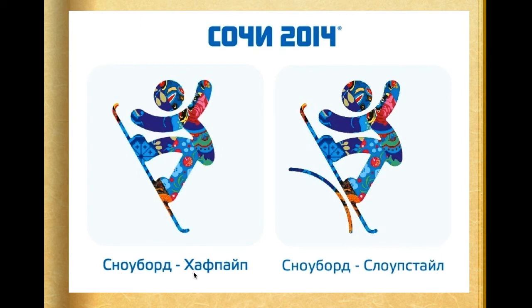Snowboard. Half pipe. And this one. Snowboard. Slope style. So, can you guess what these are from? Good. The Sochi Winter Olympics that took place in 2014.